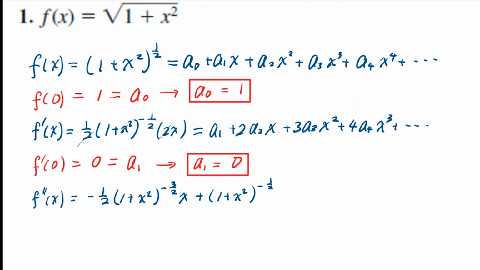Times 2x, right, for the chain rule? Chain rule, that 2x, right? Yes, of course. That was a nice catch. I'm gonna go back and then put 2x. Yeah, that was a nice catch.